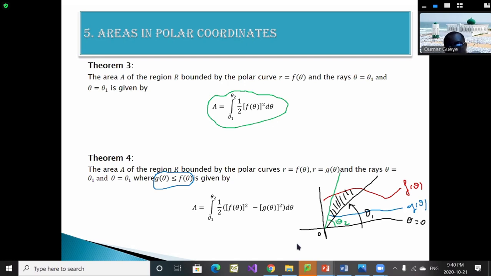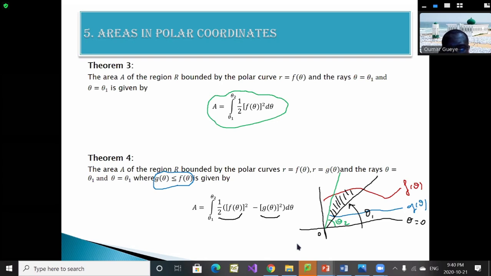So when you guys want to calculate such an area, we can take the area below the red curve minus the area below the blue curve. And you will get the area between the two curves. And this is exactly what we did here. When you open this bracket, this is the area below the red curve minus the area below the blue one, and then you will get the area between the two curves.